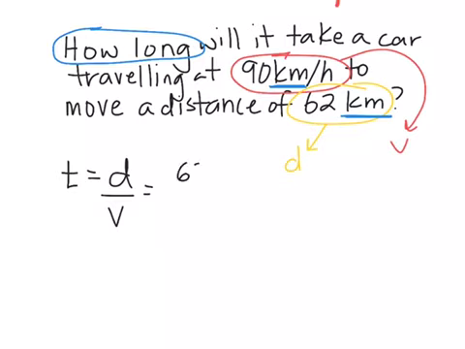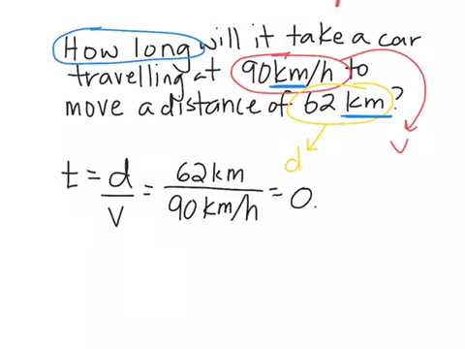So 62 kilometers divided by 90 kilometers per hour gives us 0.69 hours. So because we have hours in our unit for speed, we're going to have hours as our time. This will also work if you have meters per second and meters. So if you have matching distance units. We're going to look at a couple examples now where that is not the case.